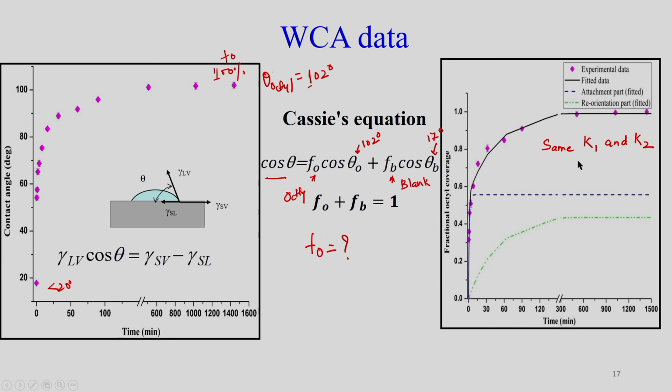So, it again suggests that there are a minimum of 2 steps, attachment and reorientation, and it also suggests that the kinetics of SAM formation can be analyzed either from the FTIR data or using the contact angle data.